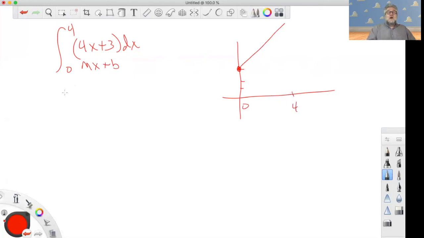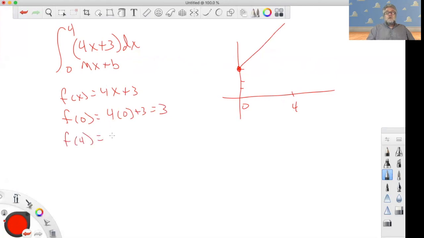So I need to figure out if f of x equals 4x plus 3, f of 0 will be 4 times 0 plus 3, which will give me 3.